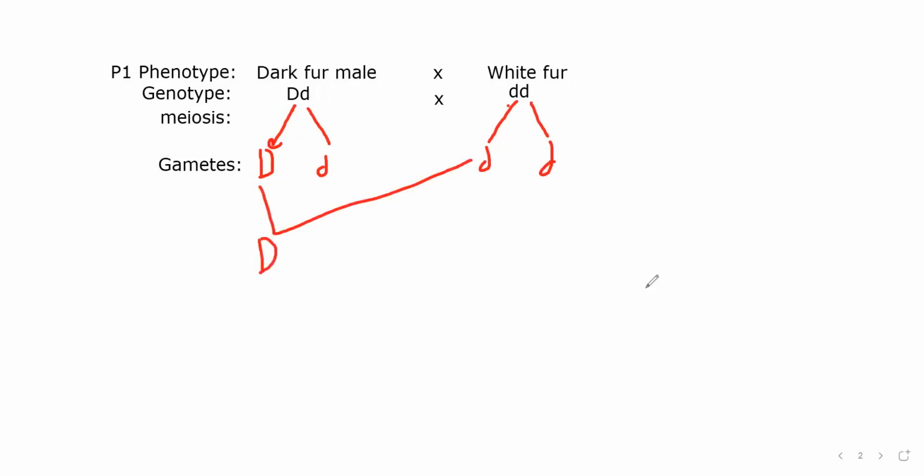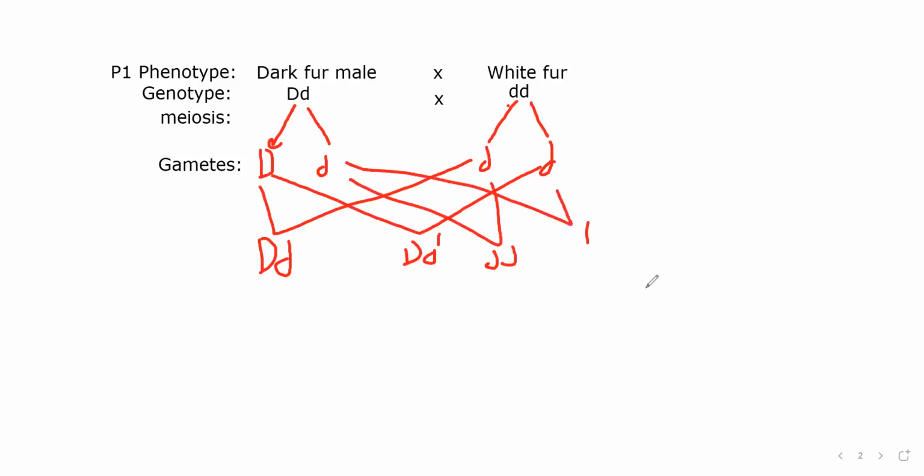Capital D, or uppercase D, goes with lowercase d on the other side here. And when I finish with that line, I write out the outcome. This one, I also do that. Finish with it, I write out the outcome. Same here, I do. Finish, I write the outcome. Same, I do. Finish, I write the outcome.